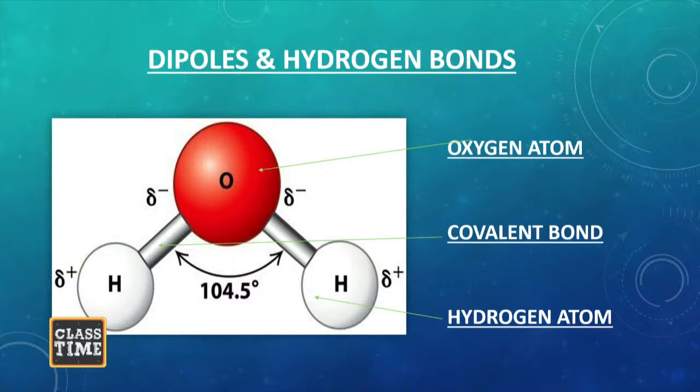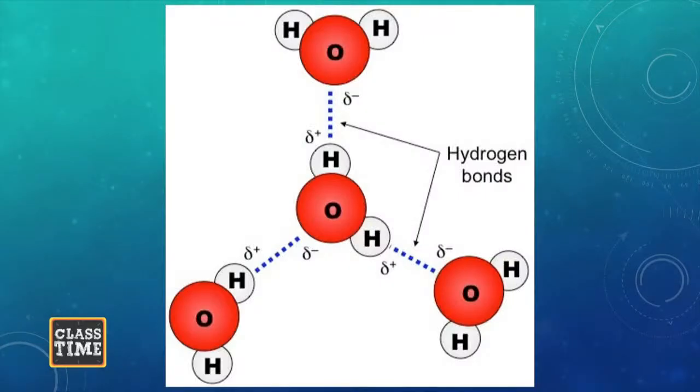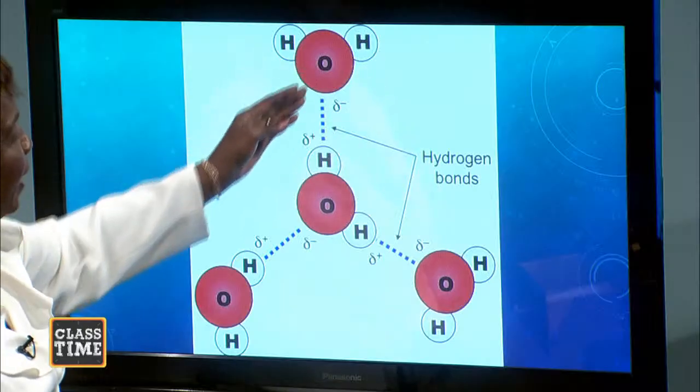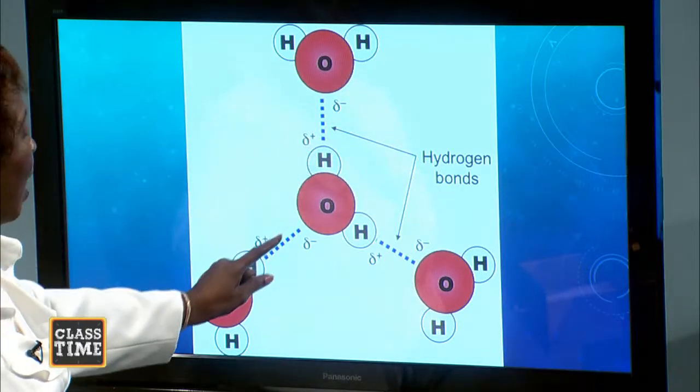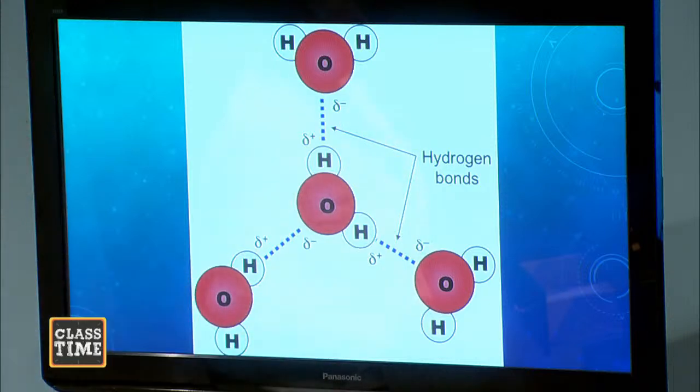And we're going to look now at the dipoles and the hydrogen bonding in water, between water molecules. If you look at the diagram there, you can identify 1, 2, 3, 4 water molecules. And if you notice, between each water molecule, there are hydrogen bonds represented by broken lines.